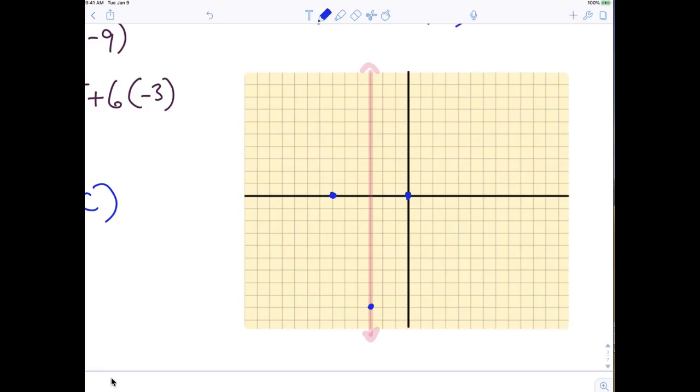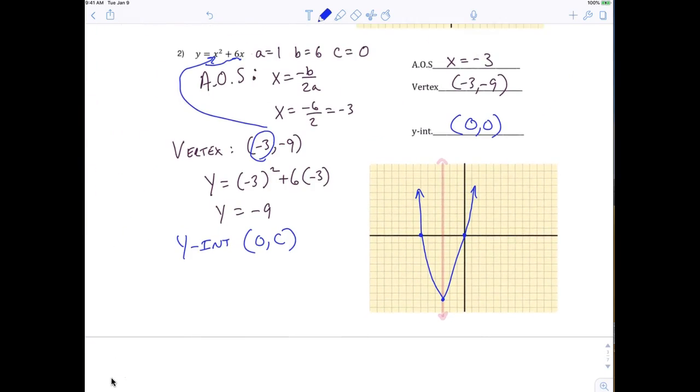And now remember, all you do is you draw your graph. Do you have any questions with that? What? On the axis of symmetry, the X would be the A and the B would be the 6.